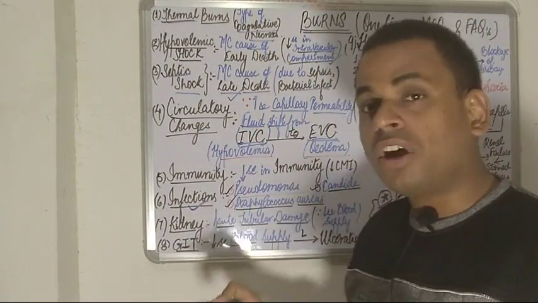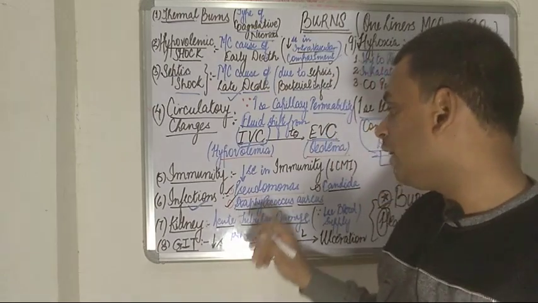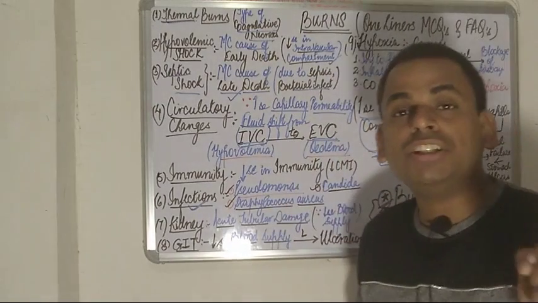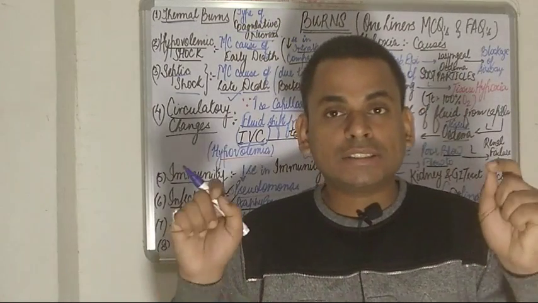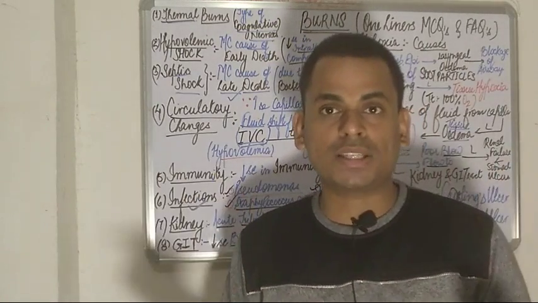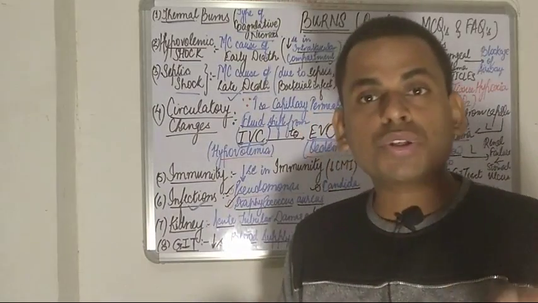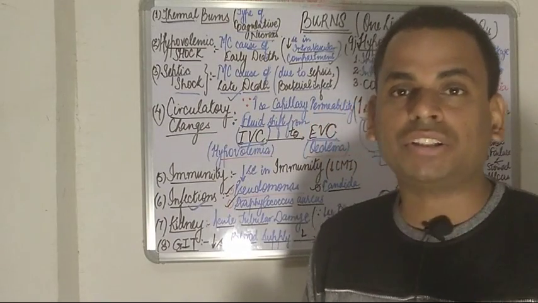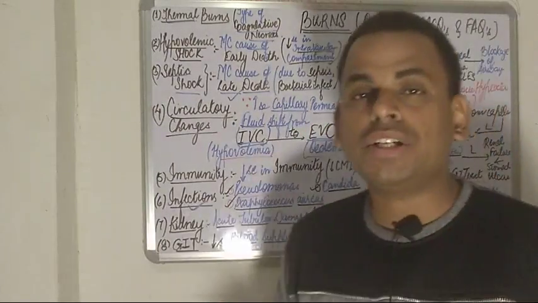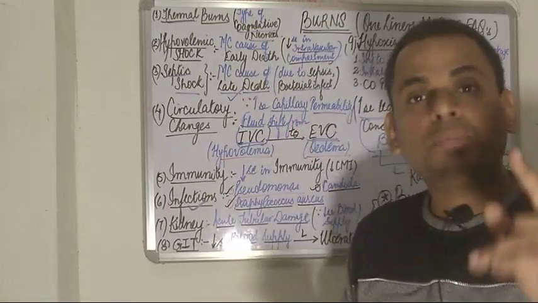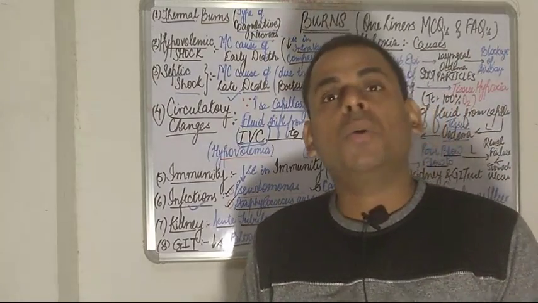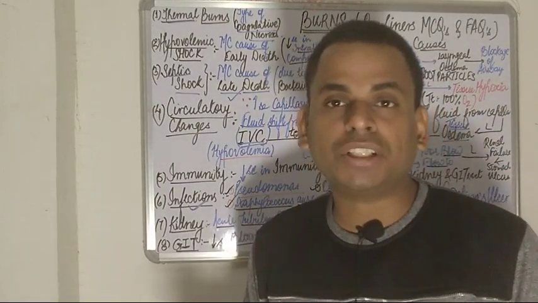Students, do remember Pseudomonas aeruginosa. It is the most common bacterial infection that occurs in patients of burn. So the Pseudomonas infection is the most common type of infection seen in patients of burn.